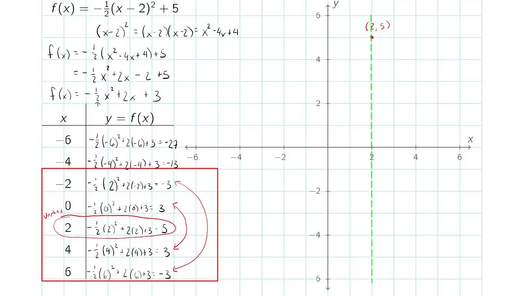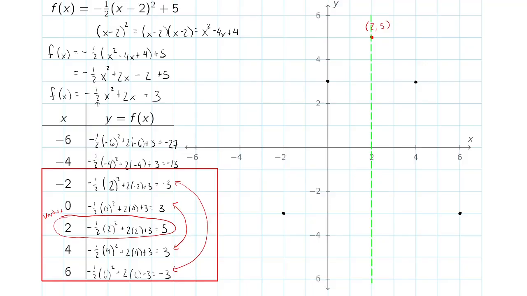And then my other points are going to look something like this. I've got (0, 3) and (-2, -3) over to the left. I have (4, 3) and (6, -3) over to the right.